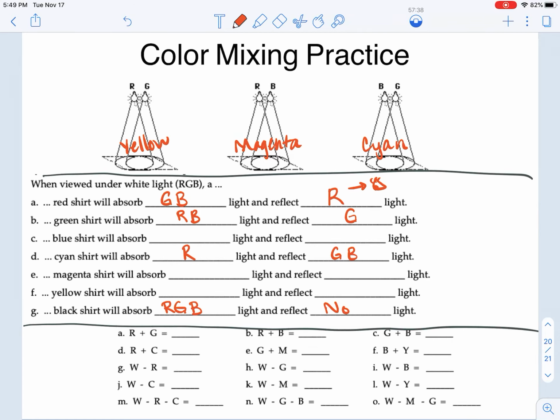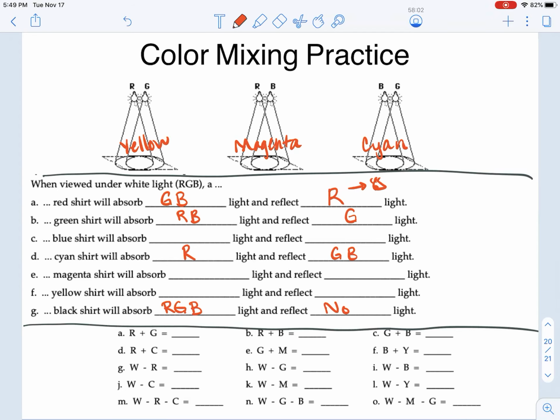So all of that light is being absorbed. Remember, that's a form of energy. There is some thermal energy with that. So that's why we get really hot whenever we wear black outside in the sun. In the summertime, we're probably not choosing to wear black because all of that energy is being absorbed by the fabric. You wear white, all of that light is being reflected, okay?